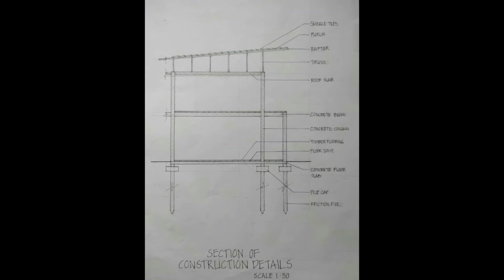For the construction, this building uses a concrete post and beam structural system. The foundation that is used is a deep foundation, which is friction piling. Deep foundation is used because of the soil condition, which is not so stable and doesn't have enough bearing capacity as the site is at the beach area. For the flooring, this building uses timber flooring finishes and also single roof tile for the roof finishes.